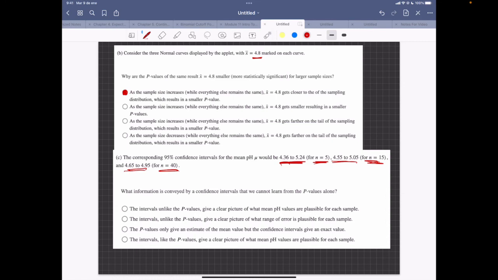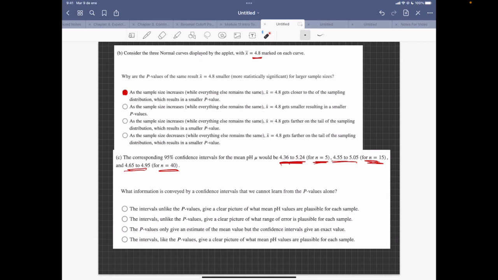Notice how the width of the confidence interval each time is smaller: 4.36 to 5.24, then 4.55 to 5.5, and finally 4.65 to 4.95.